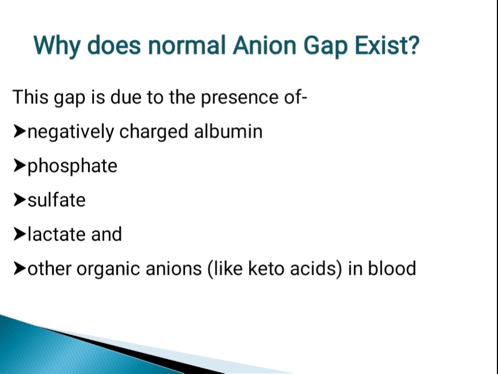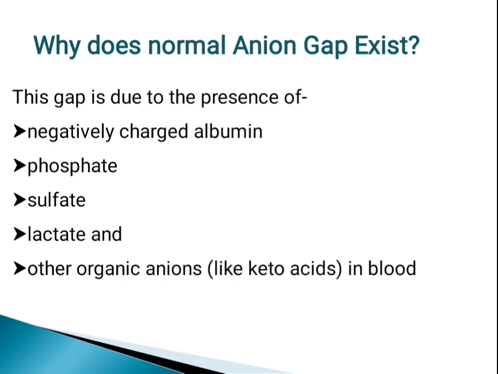Why does a normal anion gap exist? Previously I mentioned there are a few anions present in our serum that we cannot measure. Actually, because of their presence, this normal anion gap exists. The most common unmeasured anion is negatively charged albumin.